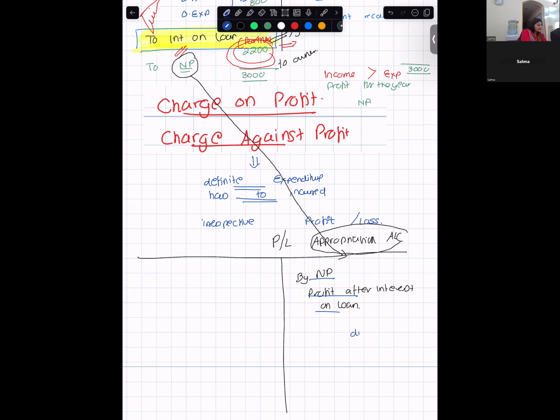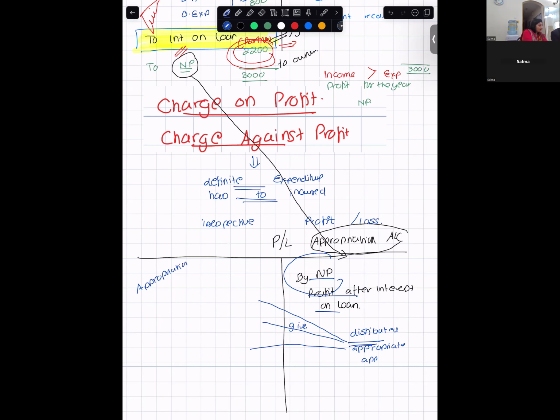It has to be distributed to the owners, or I could say it has to be appropriated or apportioned between the owners. So when I am distributing this profit to the owners, I will distribute over here. That means I am going to give it to them over here. So this is called appropriation of profits.